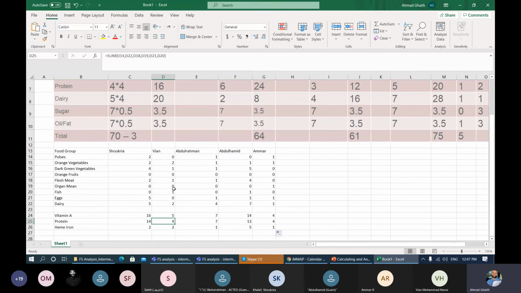And also we can say, okay, Vian has a food consumption score of 64, but is only eating protein-rich foods 4 times every week. So maybe the diet is more made up of starches, or vegetables, or something that's not giving protein.